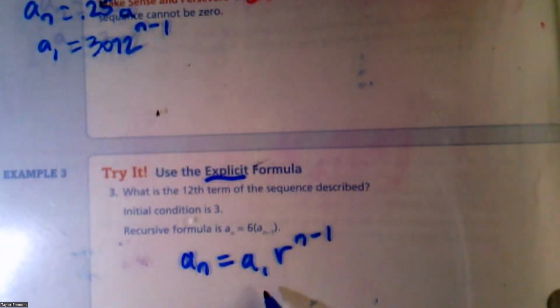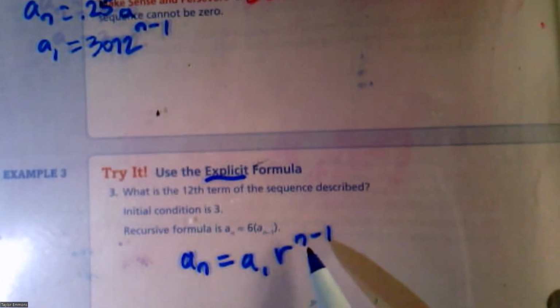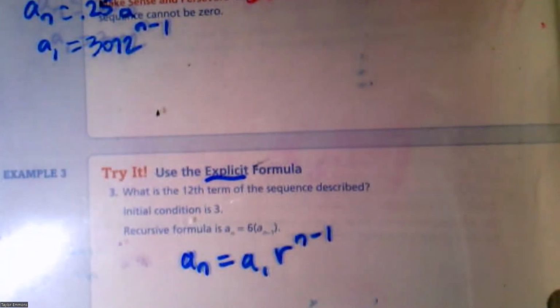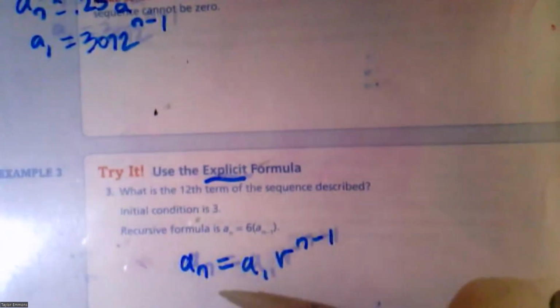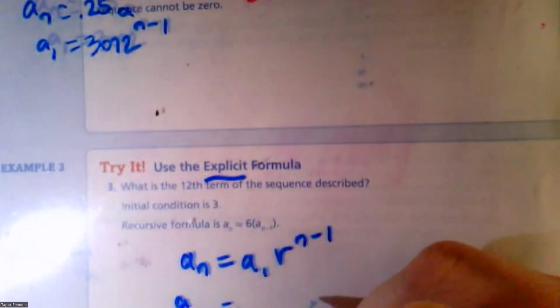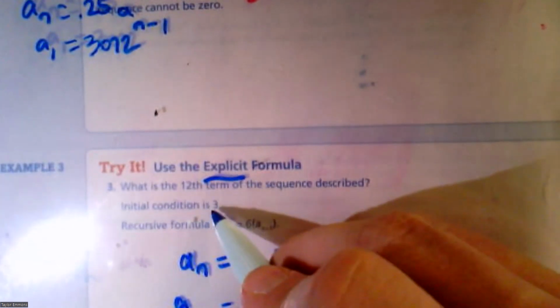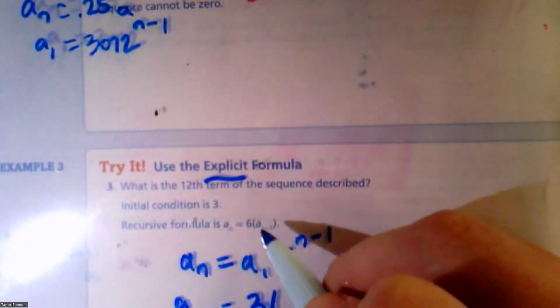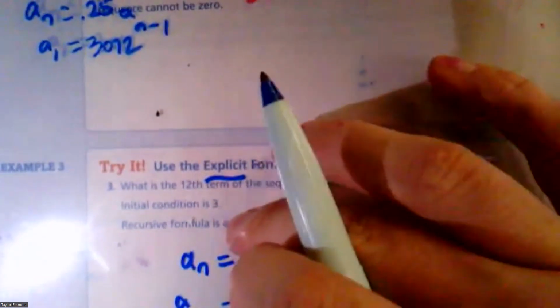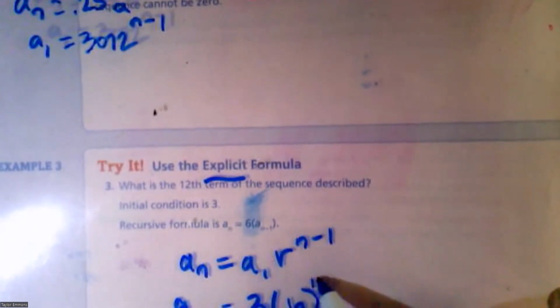Now, a sub 1 is our initial, r is our rate, and then we're going to plug in our n for whatever term they're trying to find. So we'll have a sub 12 equals a sub 1, which was 3, times r, which we get from that equation right there. And then we're going to plug in 12 into our equation.